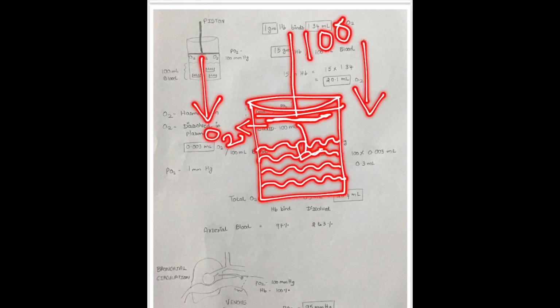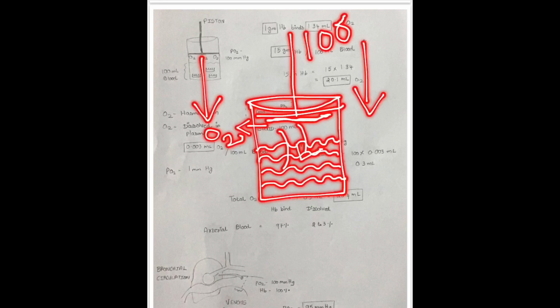When you give a pressure of 100 millimeters of mercury, the oxygen molecules in the air get bound to the hemoglobin pockets. So 1 gram of hemoglobin binds 1.34 milliliter of oxygen. You should know this one. This is from an experiment.